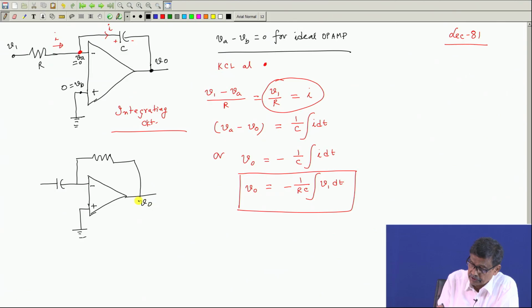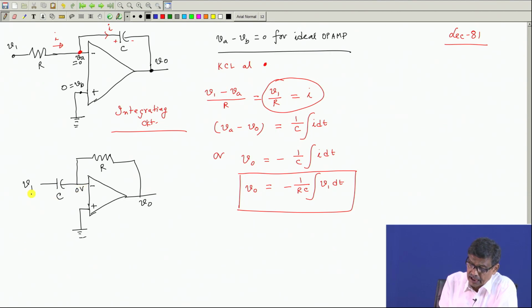This is the output voltage. Does a negative feedback exist here? Yes, this is a passive element and this is C, this is V 1. Henceforth I am not going to write down V A here, because I know V A is equal to V B, which is 0. So, this potential is also 0 volt.